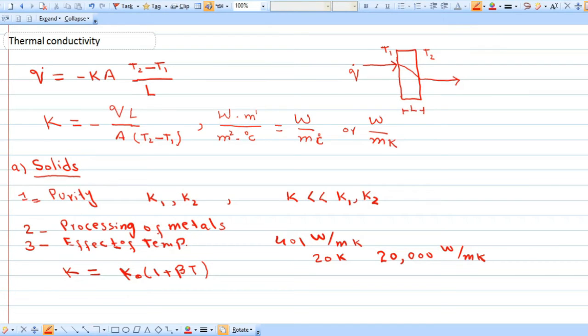Beta is positive for non-metals and negative for metals. It means for non-metals thermal conductivity increases with the increase of temperature, and for metals thermal conductivity decreases with the increase of temperature. This equation shows that the variation of thermal conductivity with the temperature is linear.